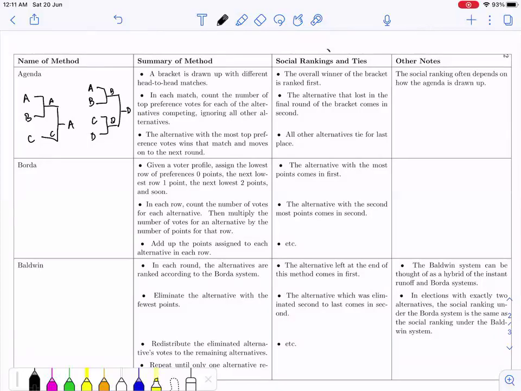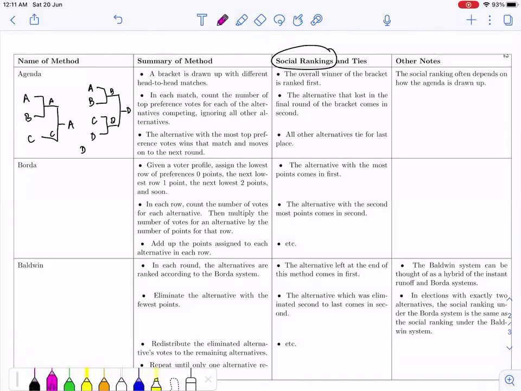And the social ranking again is given by just the final round. Everything before the final round doesn't matter. So let's say in this one here, the social ranking is going to be D, which is the winner of the final round.